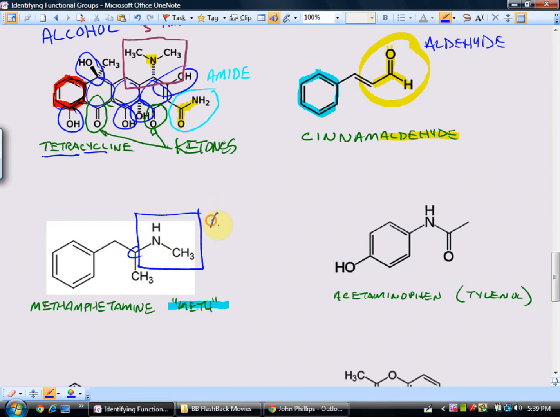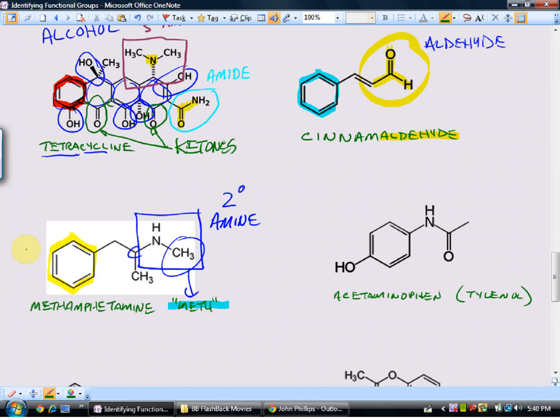That is definitely an amine, and if we wanted to show off, we would call it a secondary amine. The meth part of this comes from the fact that we've got a methyl group there. And of course, I don't want to neglect the fact that again we see that very special structure right there. So that's methamphetamine.